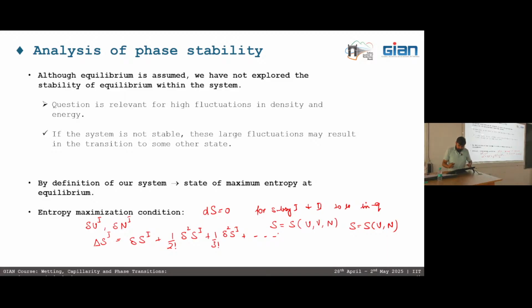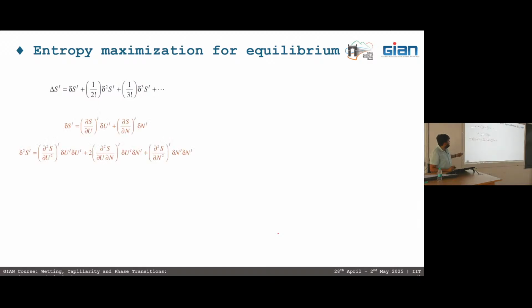Here we can also define these terms. delta S1 is nothing but the partial derivatives of the terms on which it depends. So we can write delta S1 as del S by del U at subsystem 1 times delta U1 plus del S by del N of subsystem 1 times delta N1.